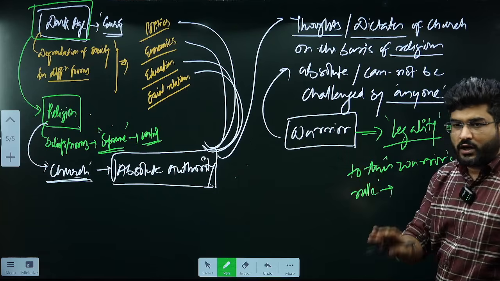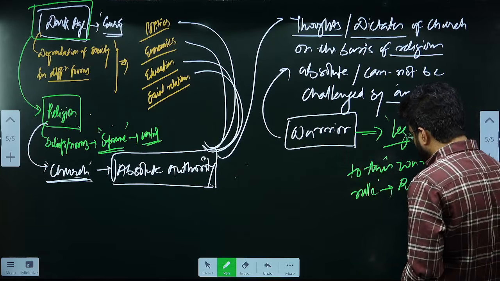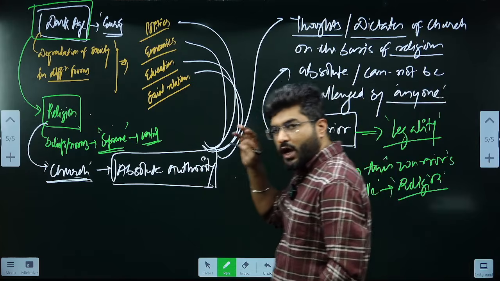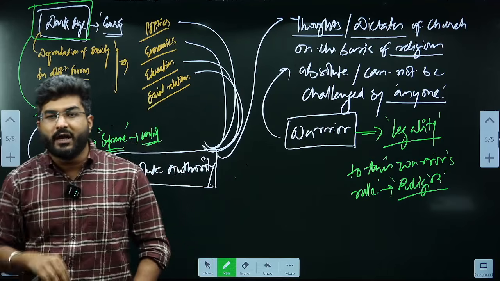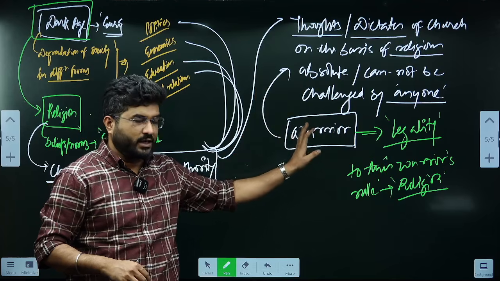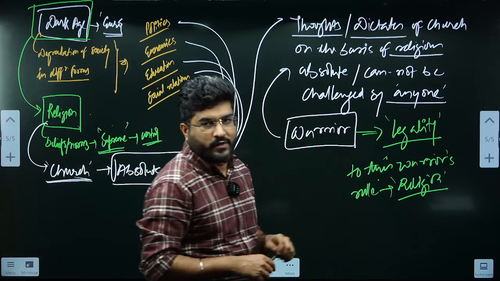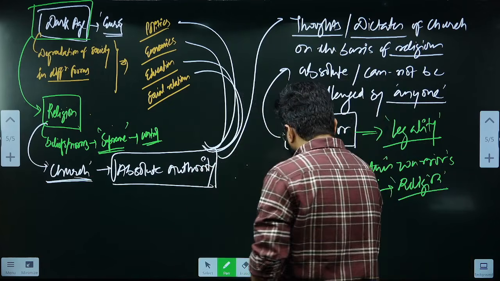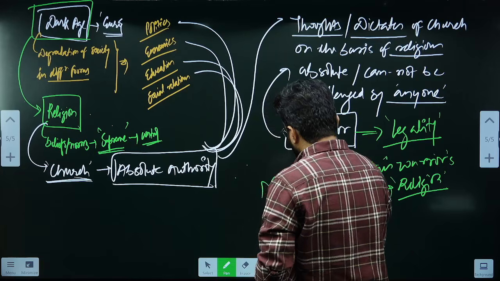On the basis of what? On the basis of religion. That people need to obey. They cannot disrespect the rule of the church, hence they cannot disrespect the rule of kings or queens. Hence there was a monarchy.